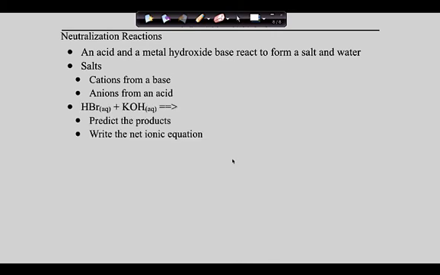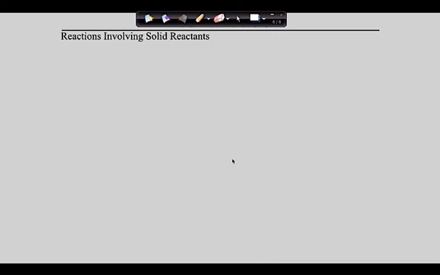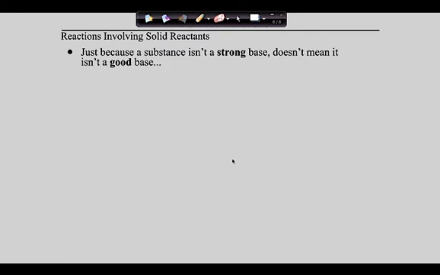All right. So guys, we are now ready to change the game. An acid-base reaction, but now one of our substances will not be water soluble. Ready? Goes like this. Write this down, word for word. Just because a base is not a strong base, it doesn't mean it isn't a good base.